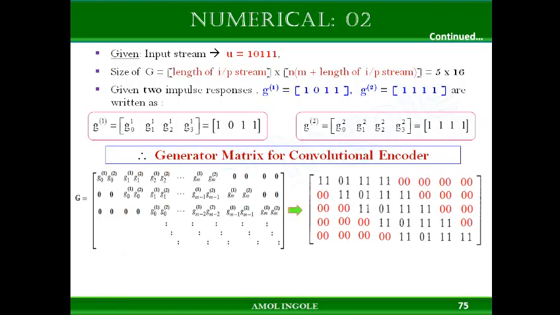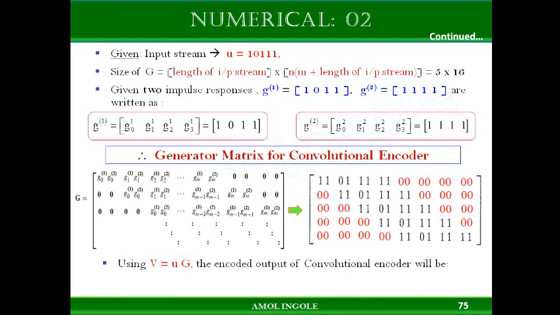Once you have the generator matrix ready, you can now find the output of the convolution encoder by multiplying the input bit stream U with the generator matrix, just like we did in LBC.